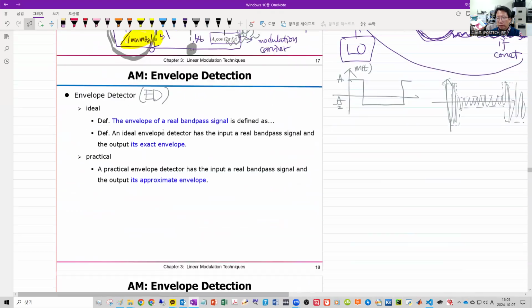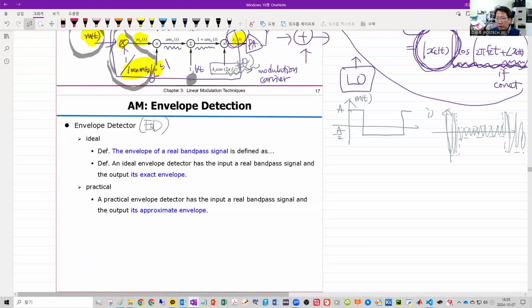So this is A greater than 0, less than 1, and here A equals 1. Then what would you expect? You have something like this. And there will be no signal here, and the signal there. Got it?